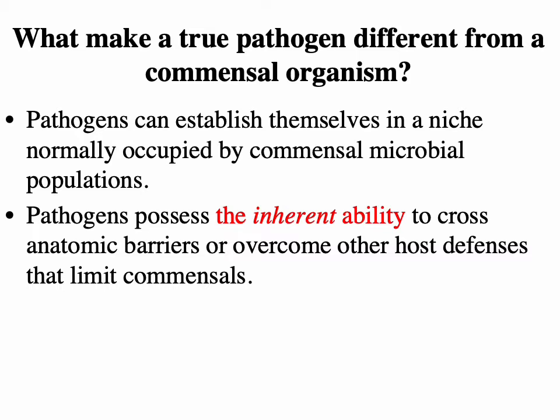You have the Streptococcus, they're only found in the oral cavity, those found in the dental plaque. You won't find them in the heart, or in the intestine, so they cannot cross that anatomic barrier. So they're sort of limited, localized on that site. That's it. But pathogens are different.